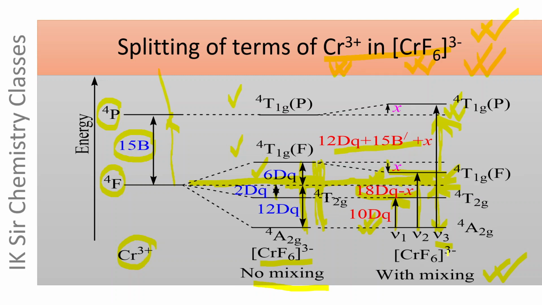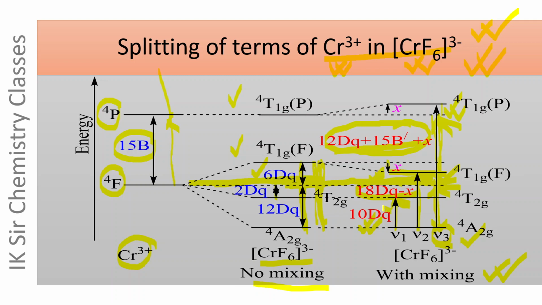It is obvious that the transition represented as ν3 will require 12 Dq plus 15B' plus x amount of energy. Thus, the energies required for ν1, ν2 and ν3 transitions are represented here.